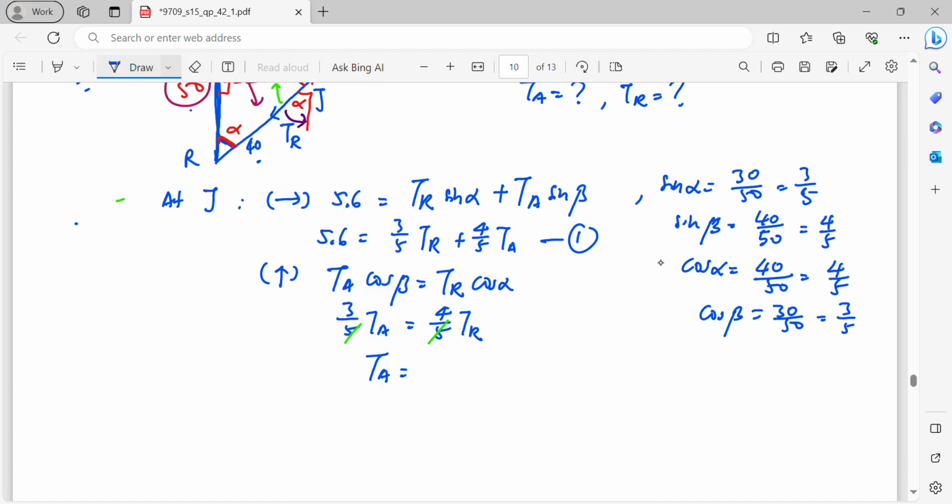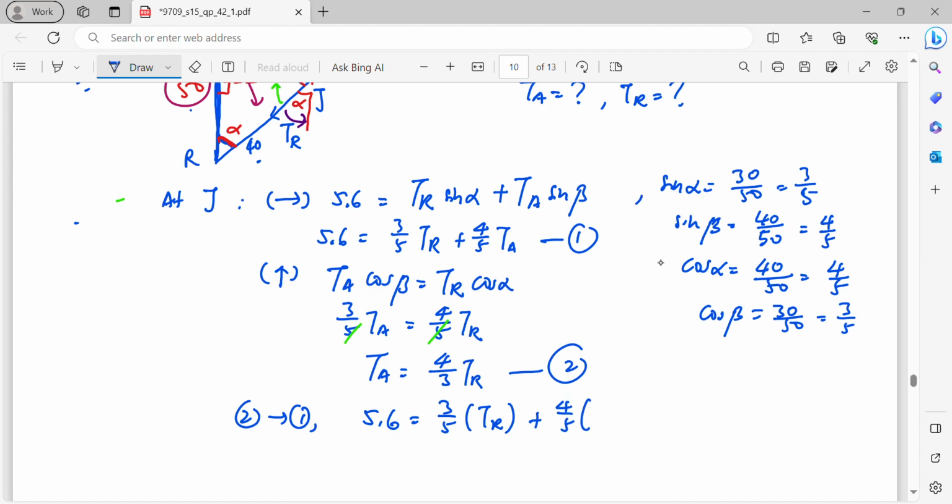That means you will be getting 4 over 3 TR. So this is my second equation. Because now we need to solve for TA and TR. So now I substitute the second equation into the first equation. So 5.6 is 3 over 5 TR, remain the TR, plus 4 over 5 TA. So the TA will be replaced by 4 over 3 TR.